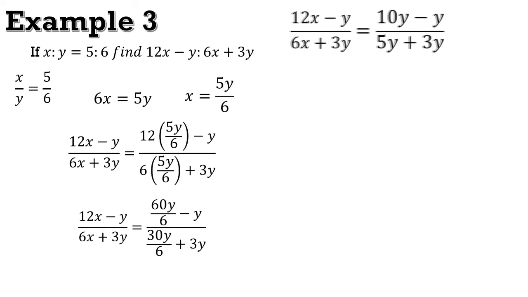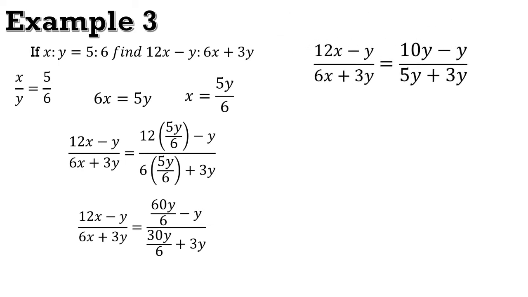Again, simplifying the right side of the equation, we will have 60y divided by 6. This will give us 10y minus y. And then 30y divided by 6. This will give us 5y plus 3y. Then, moving on, we will have 10y minus y. That will give us 9y.